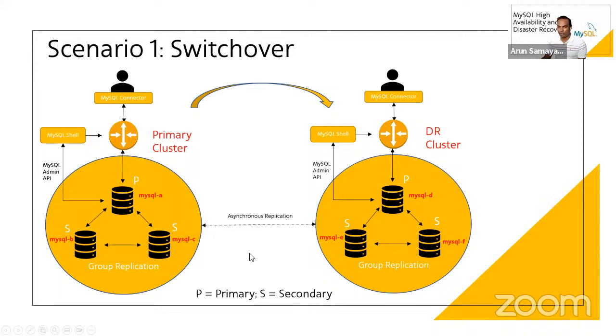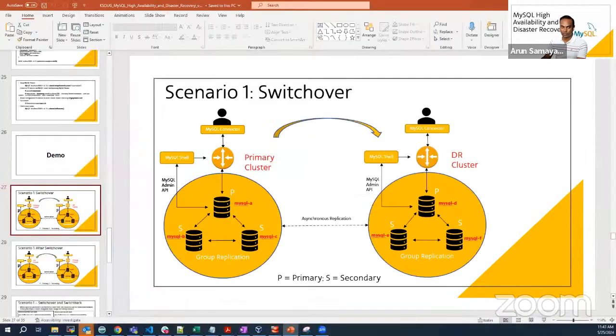Nothing major needs to happen to the application. What you would do is initiate a switchover. This is mostly for planned maintenance, like performing upgrades or some sort of maintenance on the primary side. You use this use case. Let's quickly look at how to perform that switchover, okay?